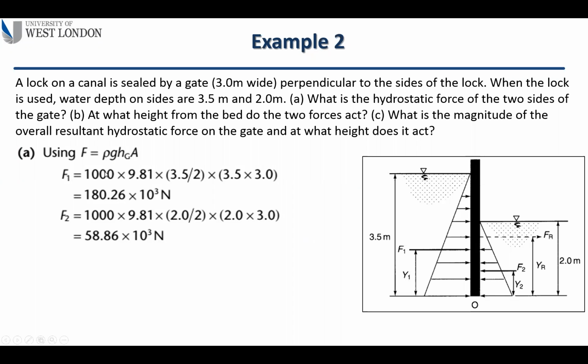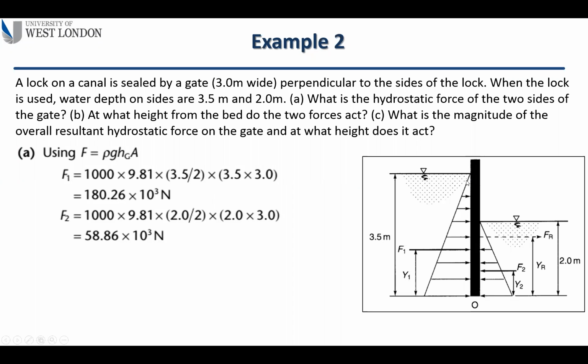For F1, rho is the density of the water, 1,000 kilograms per cubic meter, and g gravity acceleration 9.81 times h_g is the centroid. Bear in mind, this is the centroid. Centroid means on the left-hand side, imagine this like a rectangular plane, and the centroid is exactly in the center of that.